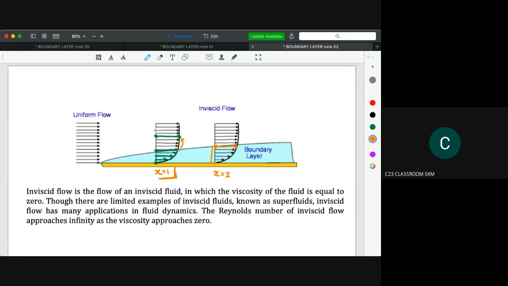That layer is equivalent to, if we mark one point here where the molecule is moving at the same speed as the uniform flow, and another point here with the same velocity as the uniform flow.